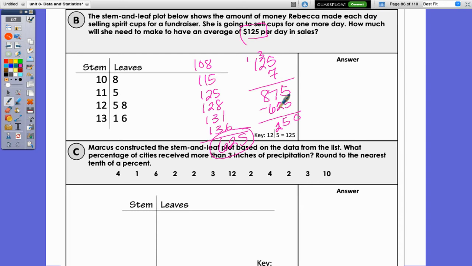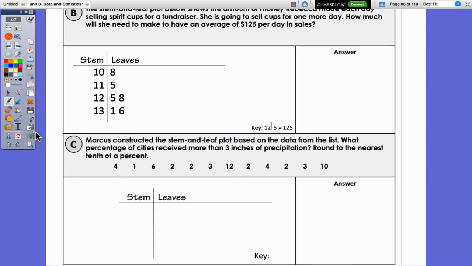I bet I did something wrong. 108 plus 115 plus 125 plus 128 plus 131 plus 136 equals. Oh yeah, see, I can't even use a calculator right. Okay, then we do 125 times 7 was 875. There we go. This looks better. She needs to sell $132 on her last day.